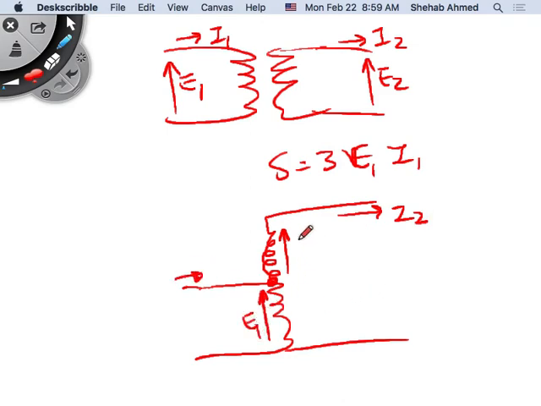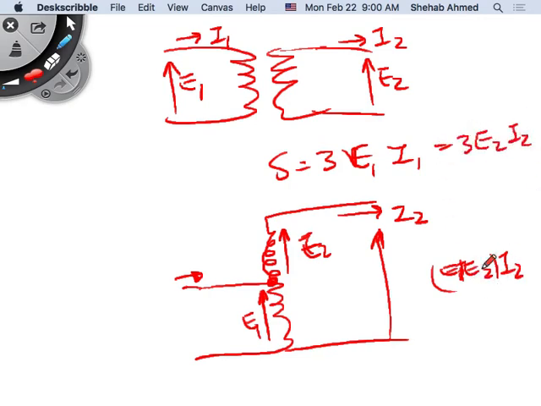If you look on the high voltage side, what is the power on the high voltage side? The voltage times the current. So it's E1 plus E2 times I2. The power was 3 E2 I2. It was E2 times I2 for single phase, and you multiply by 3 for three phase.